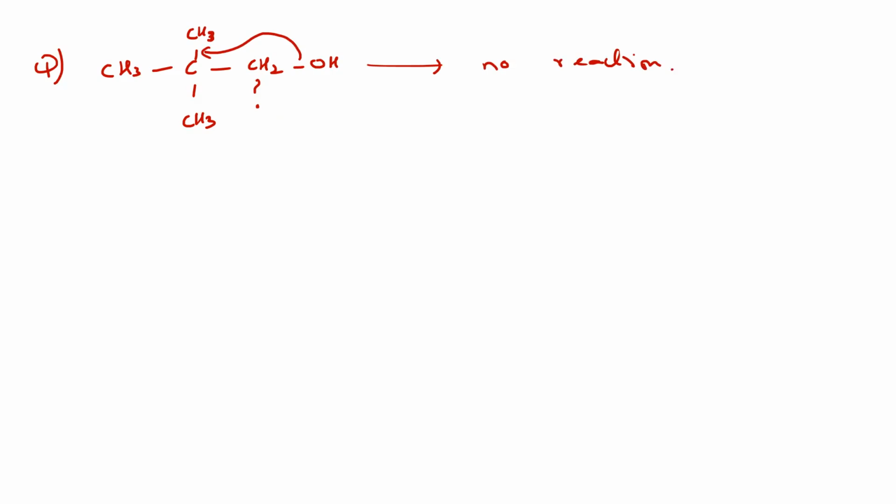No. See, the idea of dehydration is that we take away OH with an H, right? And for that H, we decide which carbon we are going to take it from. So this OH is attached to CH2, right? Then this CH2 is attached to a carbon which doesn't have any hydrogen at all.